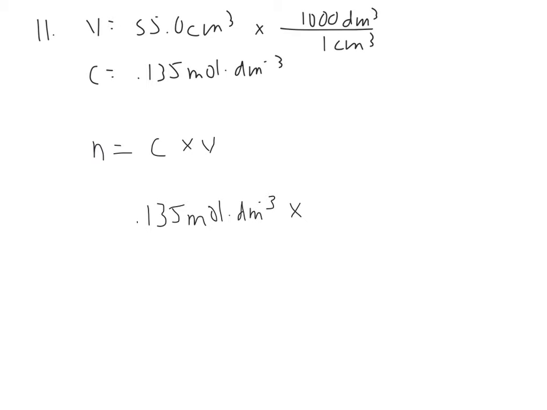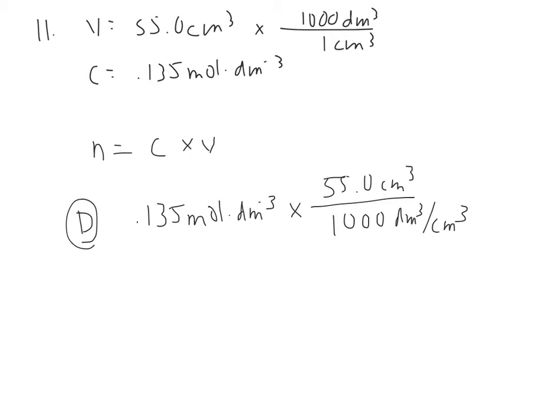They don't give me 0.055 as an option, but they do give me 55 centimeters cubed over 1,000 decimeters cubed per centimeter cubed. And they actually don't have the units on there, but this is choice D on the quiz.